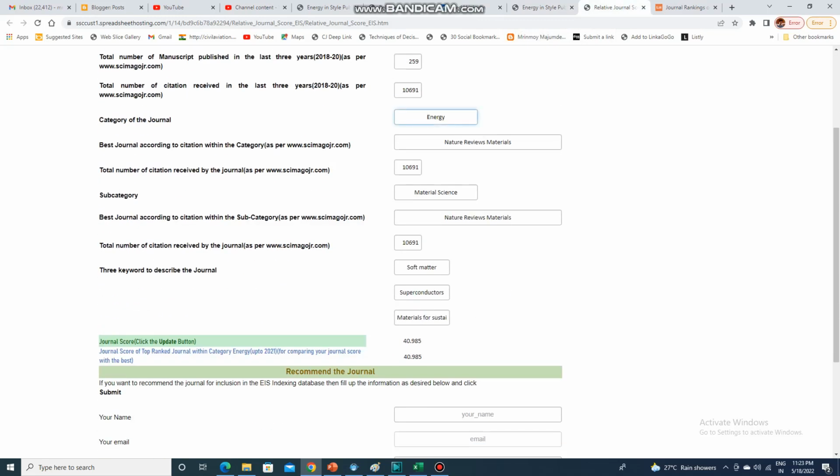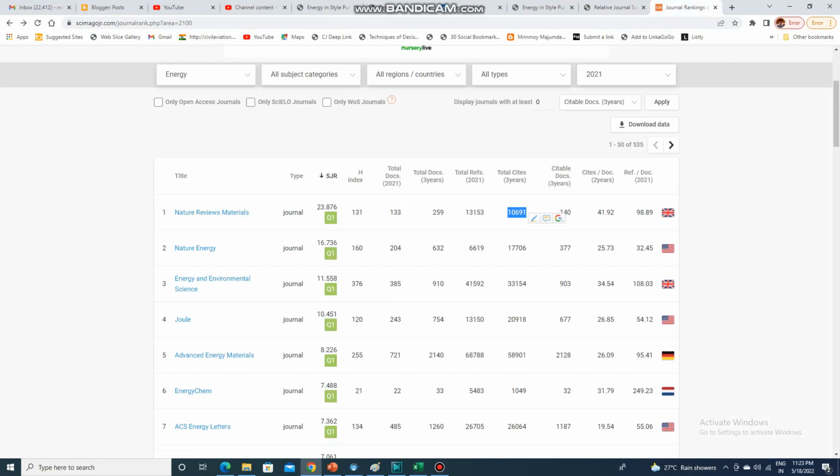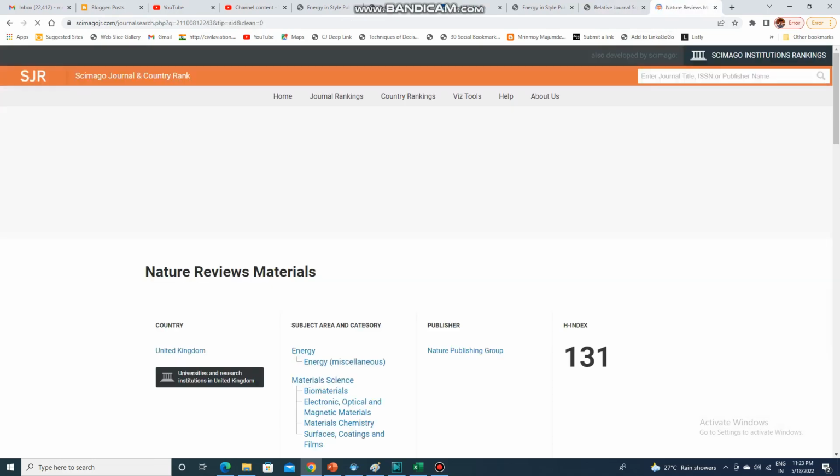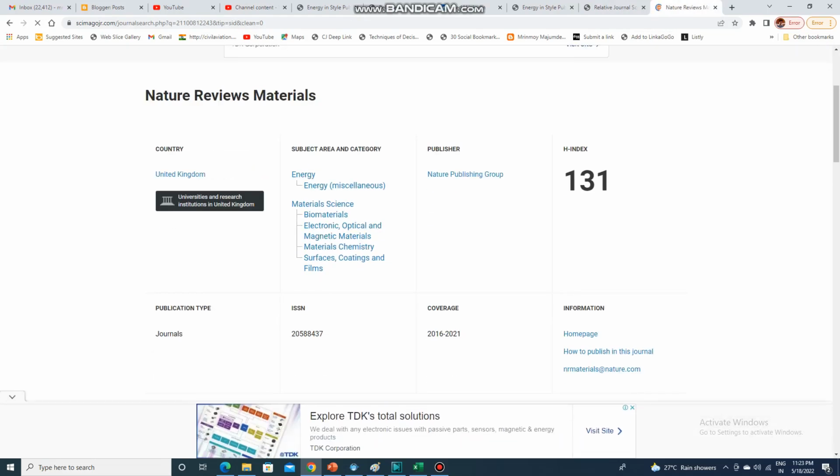Now say the category of the journal, and yes, this is the best journal. Total number of citations received by the journal, same 10,691, because this is the total number of citations received by the journal, which is the best journal in the category of energy. And the subcategory, material science: where you can find the subcategory, click on the journal name, and here you see this is the category or subject area, and this is the subcategory.